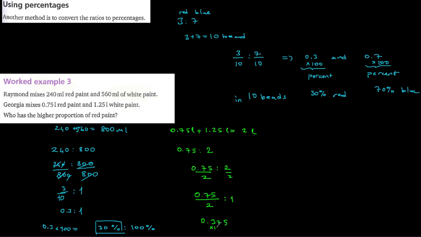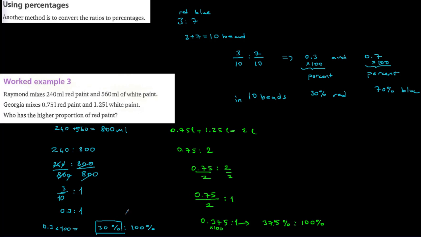If you multiply by 100 both sides, it's going to be equal to 37.5% of the whole, which is 100%.